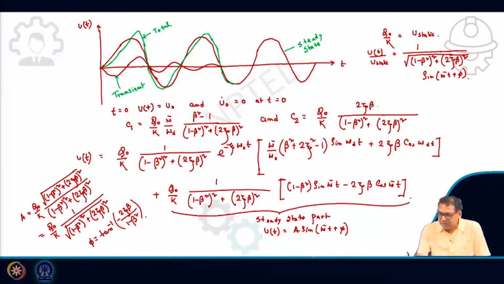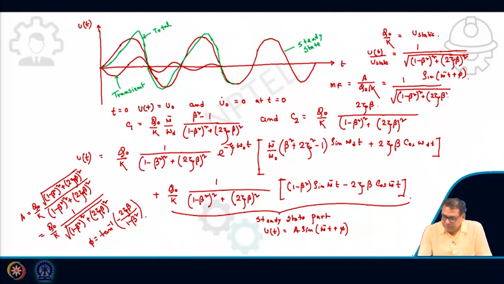So here this term again will be the magnification factor. The magnification factor, if I say MF, will be simple A by Q0 by K. So that will be simple 1 by root over 1 minus beta square whole square plus 2 damping ratio beta whole square.